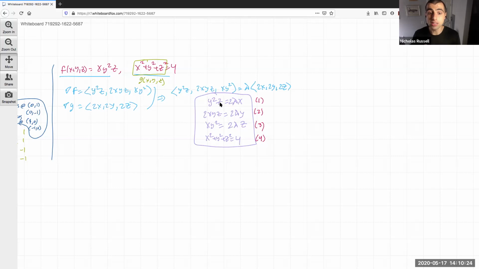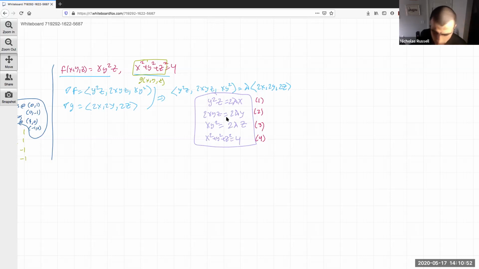The reason you want to do that is because I might want to try to get all of these equations equal to lambda. I think that might be very beneficial. If I get all these equations equal to lambda on both sides, I can then equate all of them and maybe get some progress.